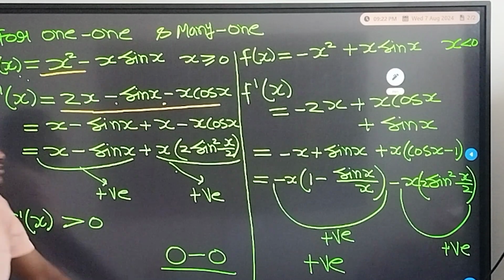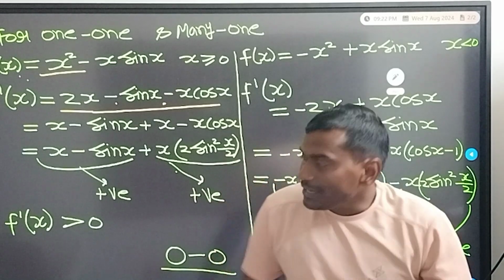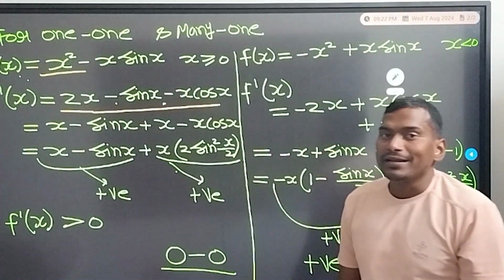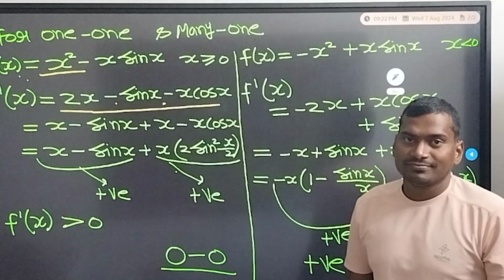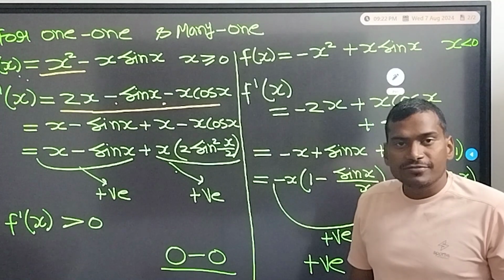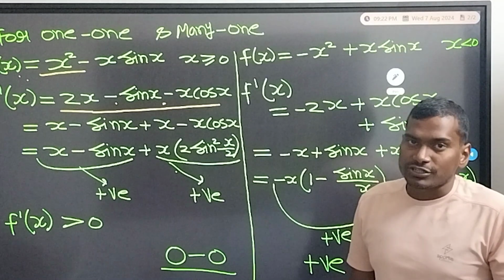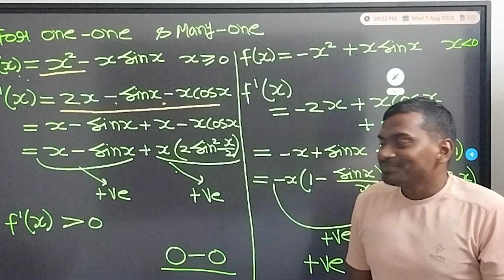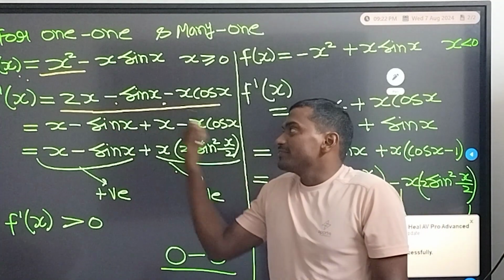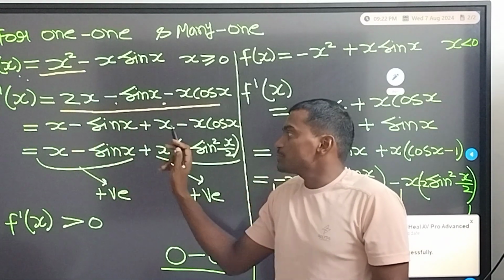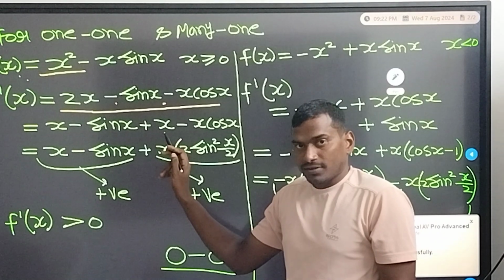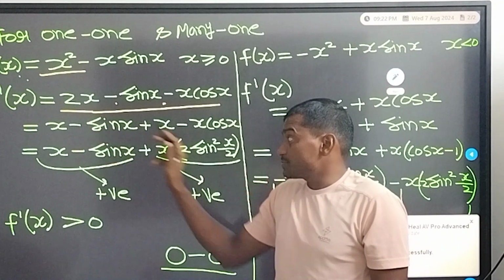So see here carefully, because when it was asked in 2020, most of the students did this question wrong. It appears to be easy question, but it is somewhat tricky question, right? So see, first of all we differentiated, differentiation is this. This 2x we are writing as x plus x, okay? 2x can be written as x plus x.